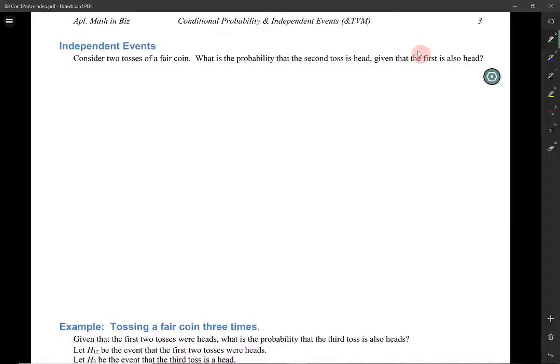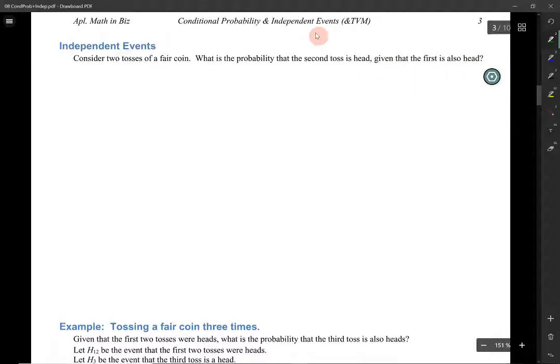So what kind of problem is this? It's a probability problem, yeah? And it's given that something, right? So not only is it a probability problem, it's a conditional probability problem.